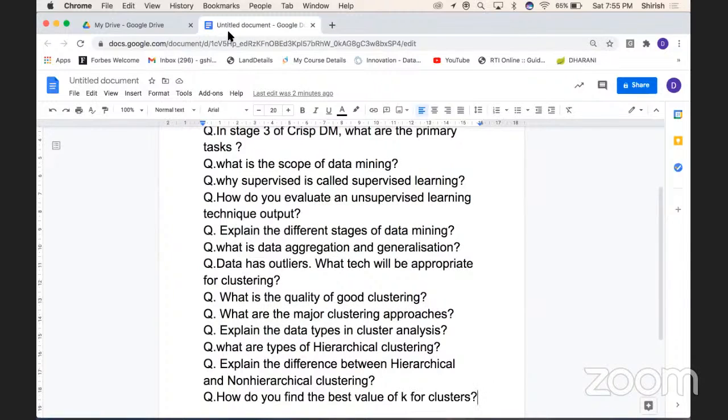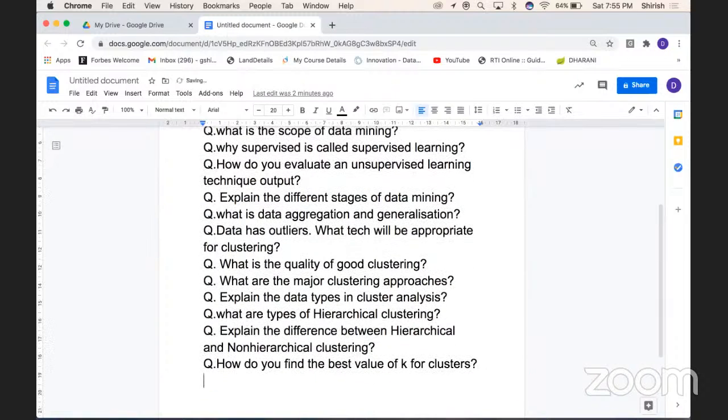You would capture total within sum of squares for different K values, and choose which is least. Correct? TWSS is what you have to check. Then that particular K is what you think is the best K value. Yeah, exactly. TWSS is the total within sum of the squares.